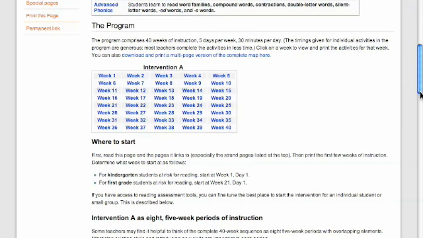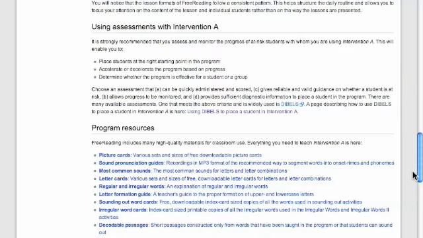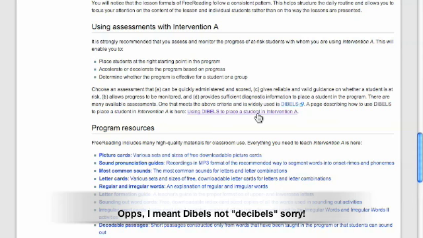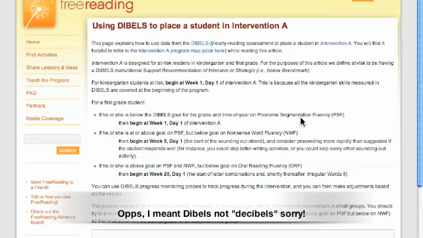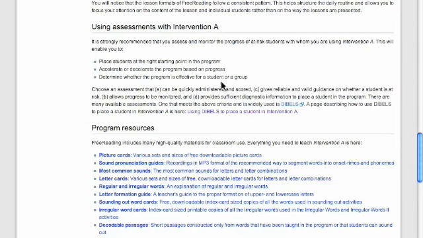They even come right down to using DIBELS to place a student in intervention A. So from the DIBELS, they give you exactly where to start them based on what they got in the different DIBELS tests. So this could be a very similar thing where we arrange resources.